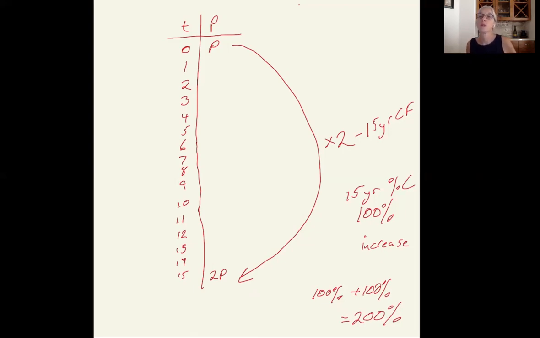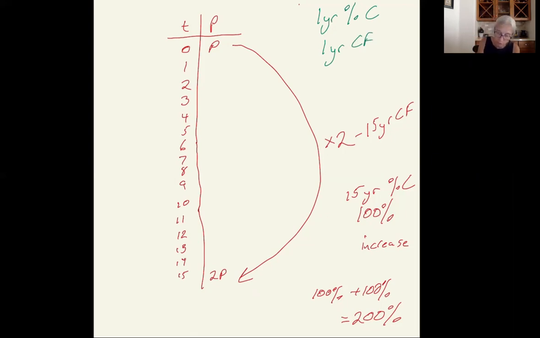The question wants to know, what is my 1 year percent increase, or my 1 year percent change? In order to find the 1 year percent change, I first need to find the 1 year change factor. Where does this 1 year change factor come from?